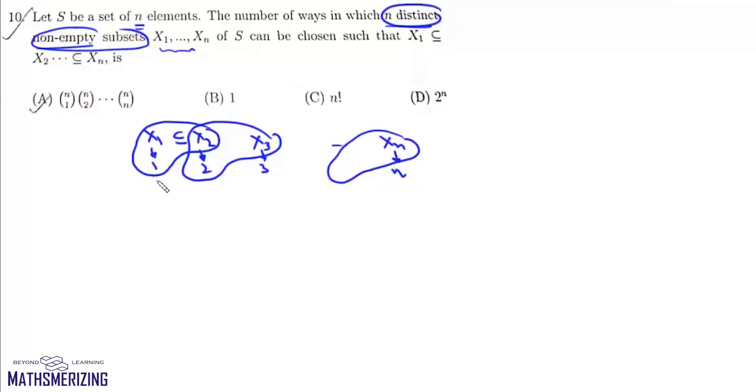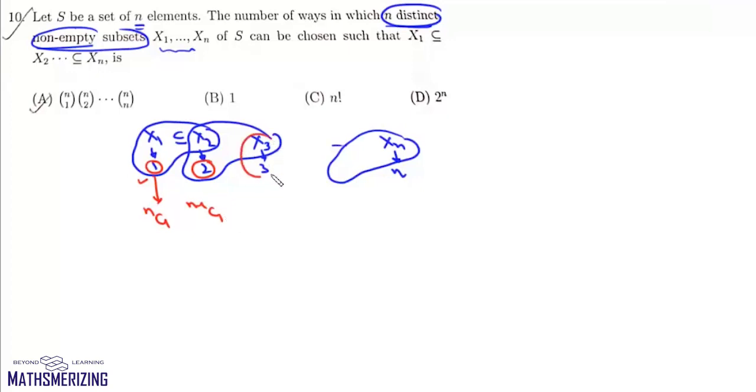Now we need to find in how many ways we can choose these subsets. For x1, we need to choose one from n elements, and it can be done in nC1 ways. Now for x2, we need to choose two elements, but we already have one. So from the remaining n minus 1 elements, we have to select one element.